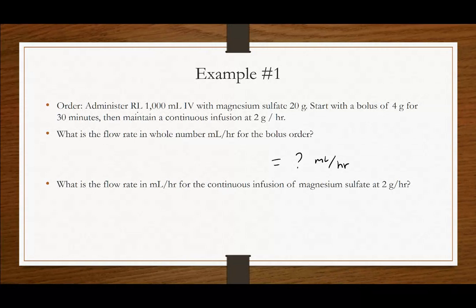We'll begin with the solution. We have in this case 1,000 milliliters with 20 grams of magnesium sulfate. The bolus in this case is given to us at a rate of 4 grams every 30 minutes.